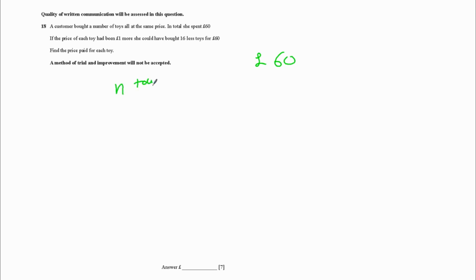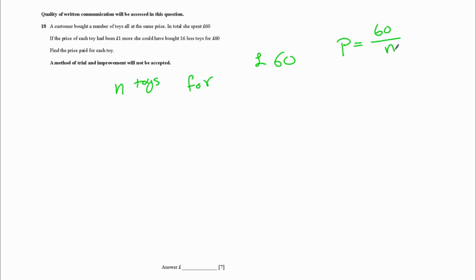So the price, which I show with a P, is 60 divided by the number of toys, which is n. Okay, that was the first instance.